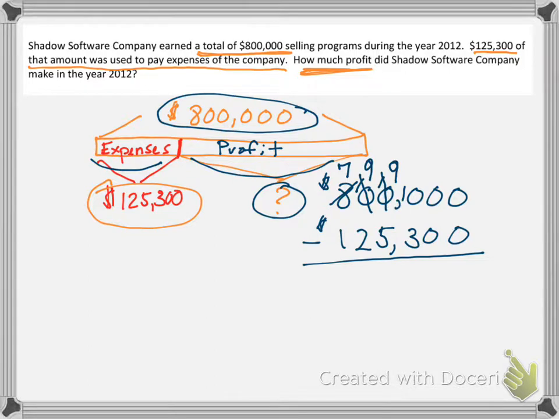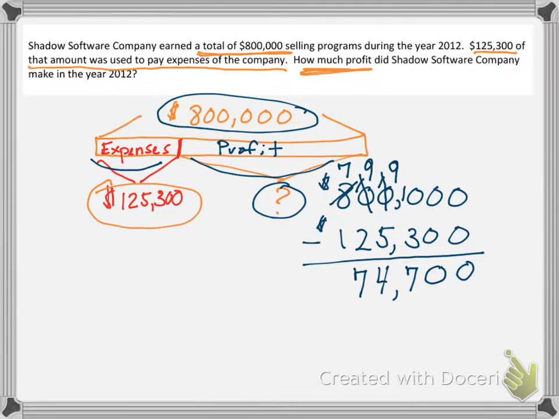So now let's go to the ones. 0 minus 0 ones is 0 ones. 0 tens, take away 0 tens is 0 tens. 10 hundredths, take away 3 hundredths is 7 hundredths. 9,000, take away 5,000 is 4,000. 9 10,000s, take away 2 10,000s is 7 10,000s.